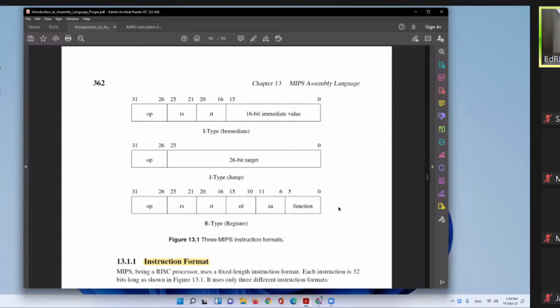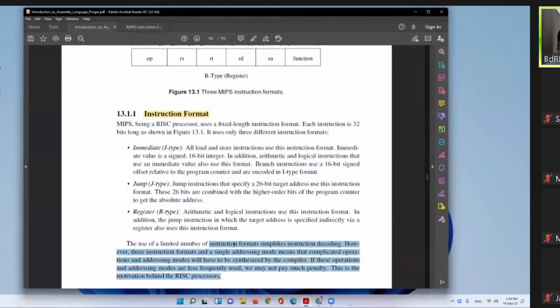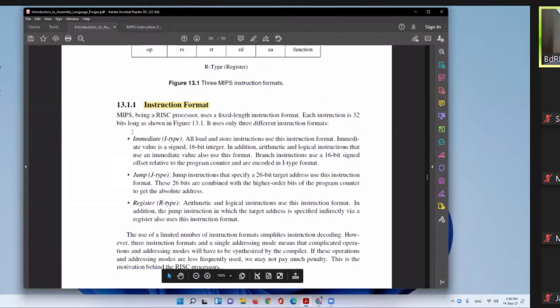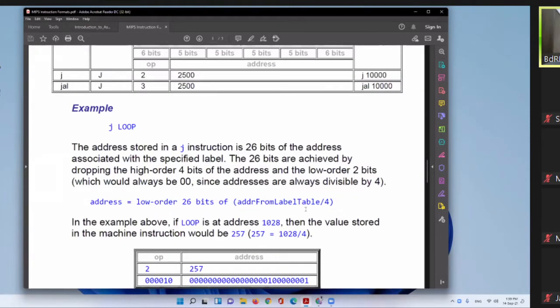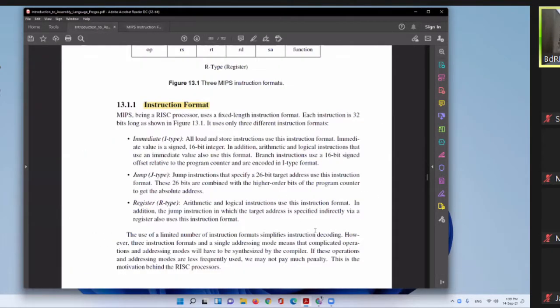I know it is not really possible to understand everything I have said, but for many of you, in that case, I suggest you read the book properly. They have written it nicely. You can read it from here. I will upload it to Google Classroom now. Or you can just search Google for MIPS instruction format.